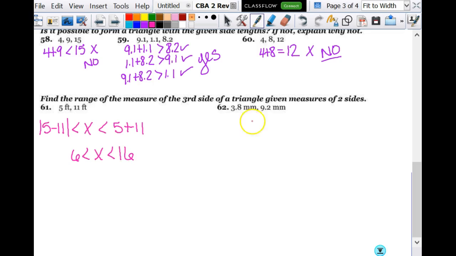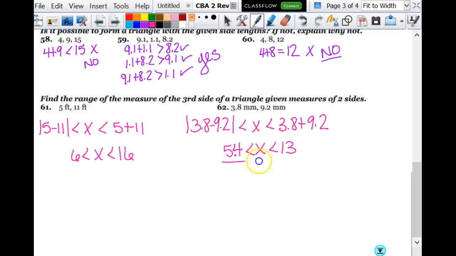And then here, same thing, 3.8 plus 9.2 and 3.8 minus 9.2, but I take the absolute value. So that is going to give me 5.4 to 13. These are my ranges. Okay.